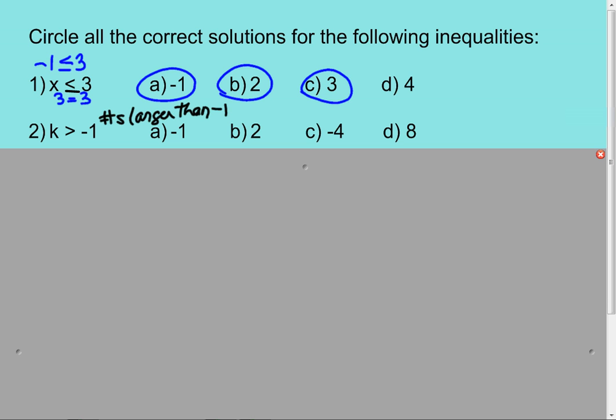I've had a lot of success with this with students who write that out in English. Math people have just taken the English and written it in a different language so that we don't have to write all that stuff. Look how much space that took. That's much easier. Is -1 bigger than -1? No. How about 2? Yes. -4, they're not in order. No. And 8. Okay, one more.